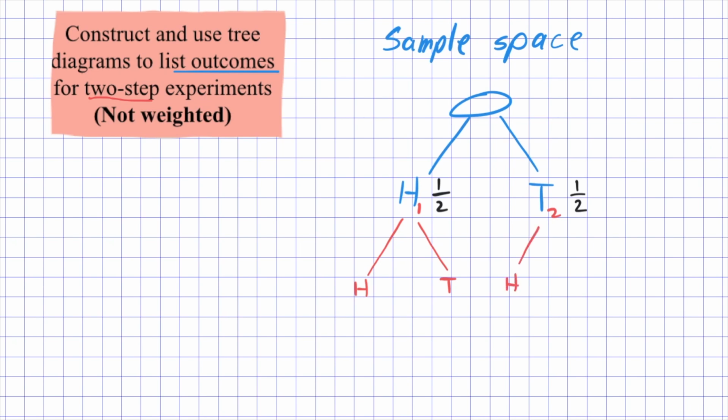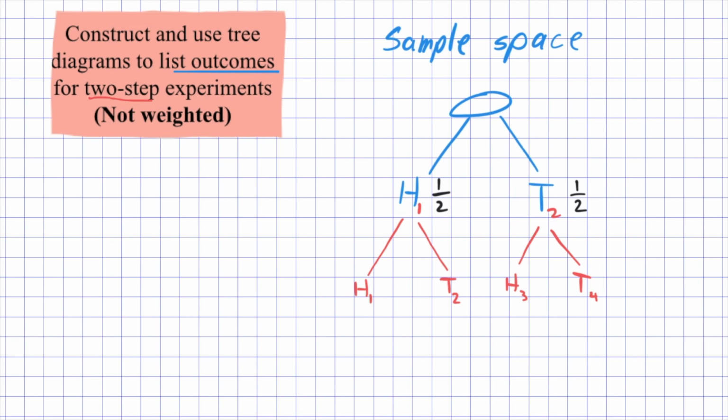And it's the same deal over here after we've flipped a tail the first time. The only difference is now we have 1, 2, 3, 4 different options at the bottom.